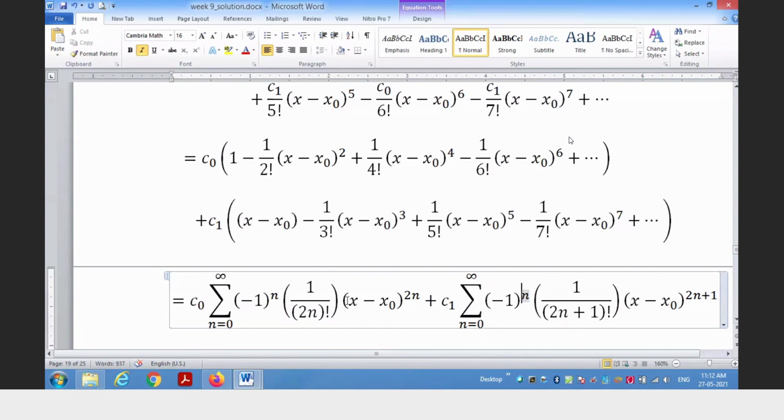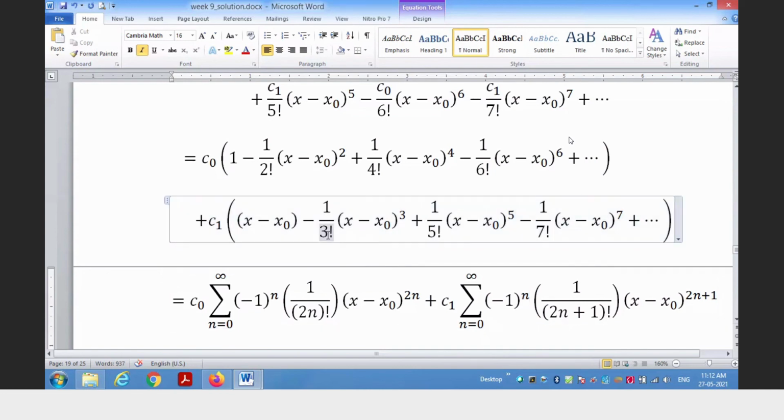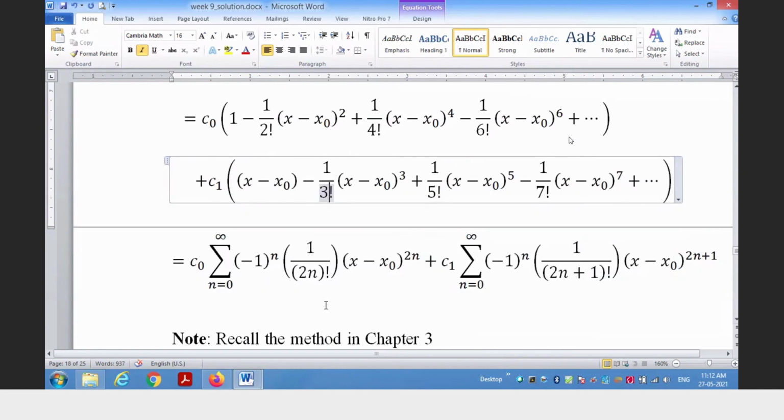And then this one is over (2n+1)!, because this one gives you odd numbers. And then, of course, you also have odd powers, so 2n+1. You recall that from your calculus 2, and also from the method you learned.